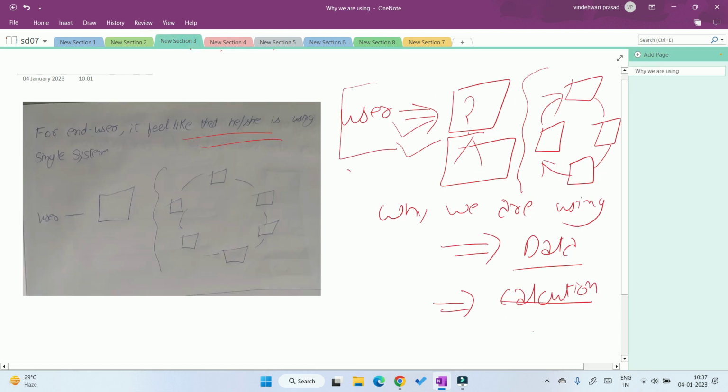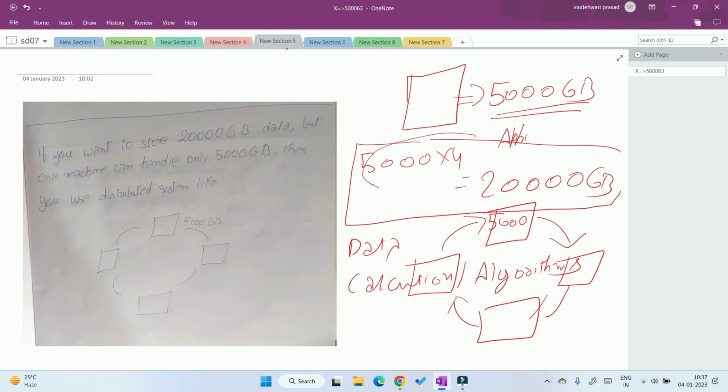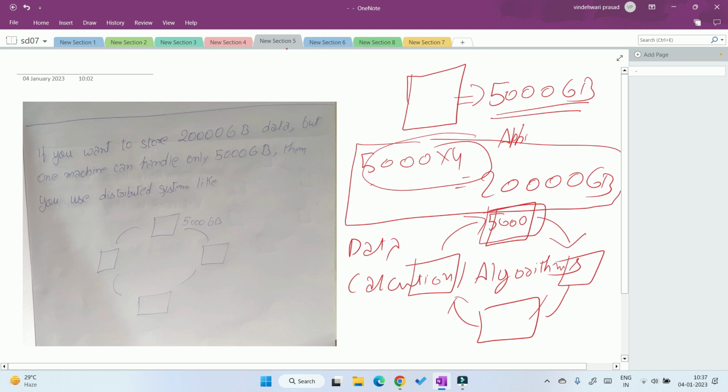We use a distributed system for two works. The first one is calculation: we divide our data into smaller chunks and give one chunk to one machine. The second is storage: just like 5,000 GB of data in four distributed machines, our 20,000 GB of data can easily be stored.